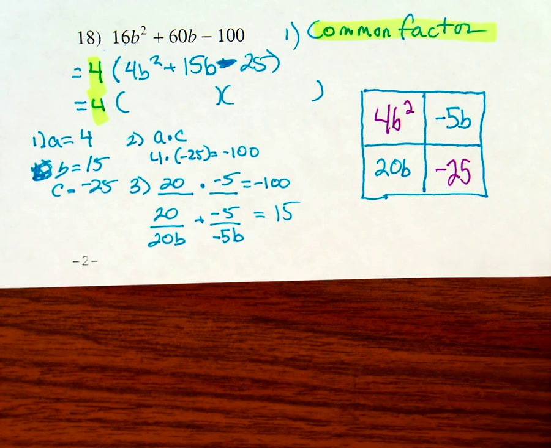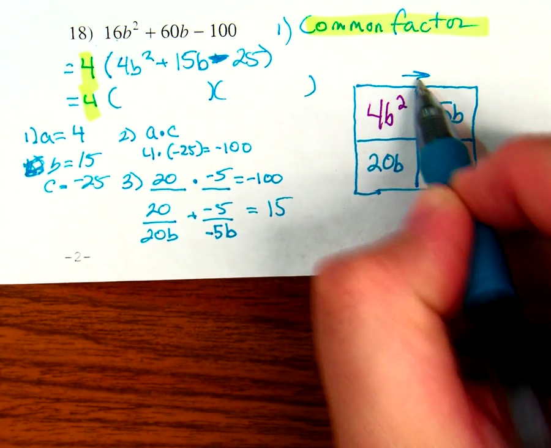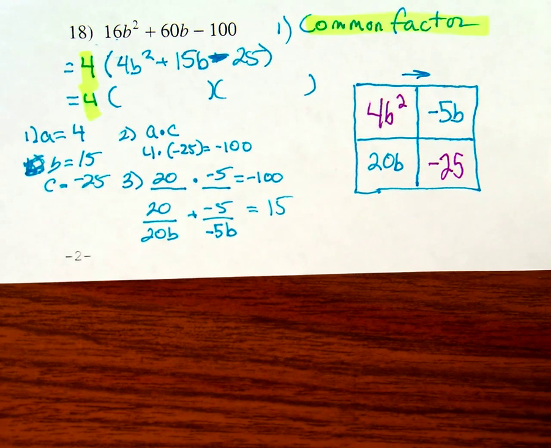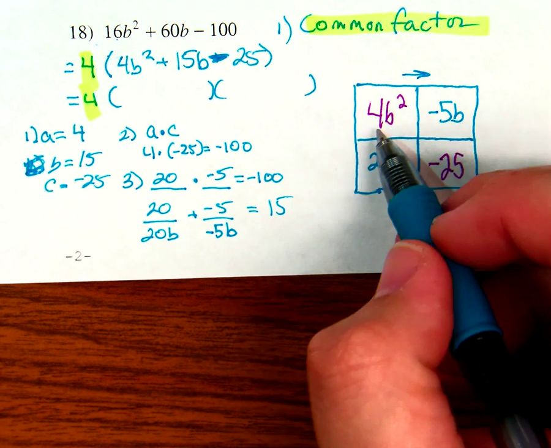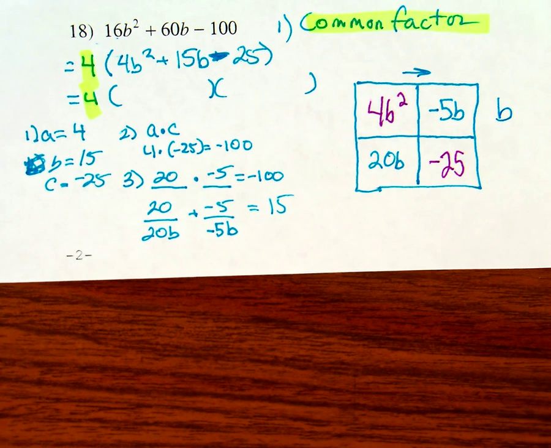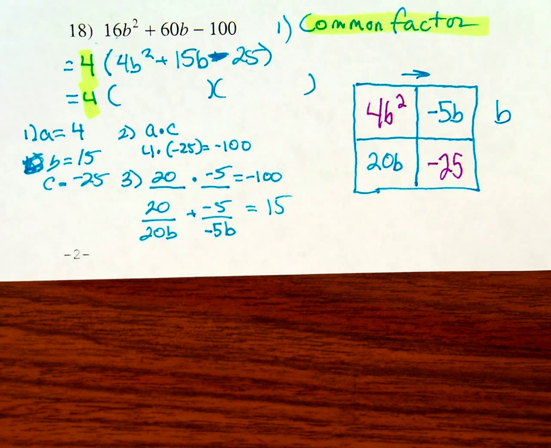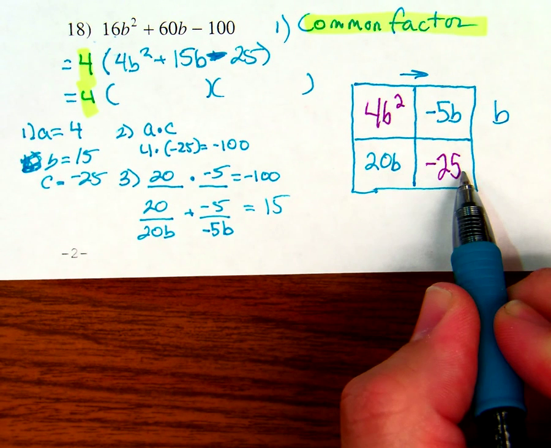All right, now factor the rows. 4 and negative 5. Is there anything to factor there? No, but you have a b squared and a b. So you take the smallest power, just 1 b. Now, if I look here, I have a b and no b. Am I going to take a b out?